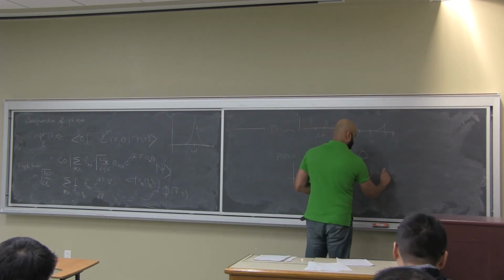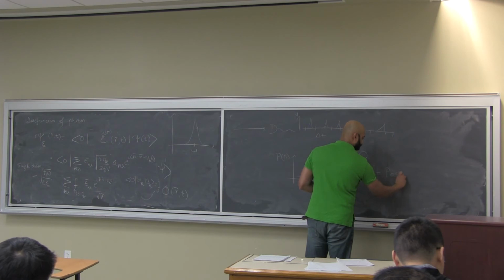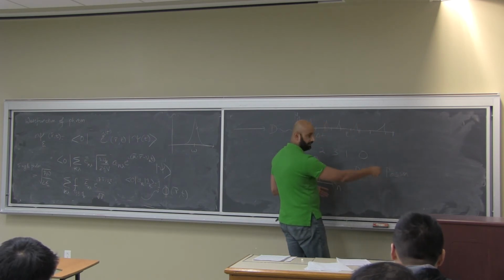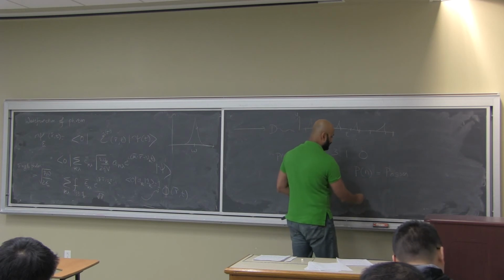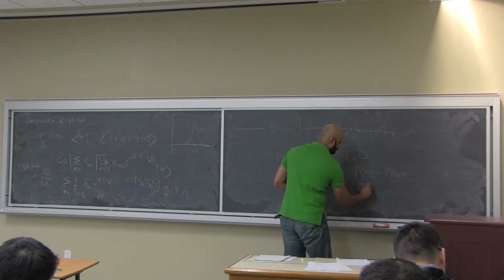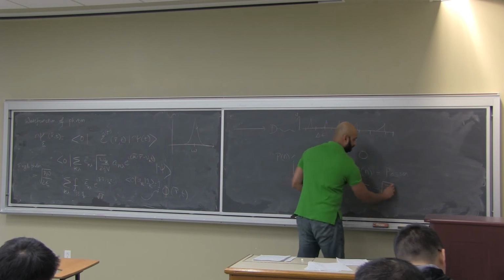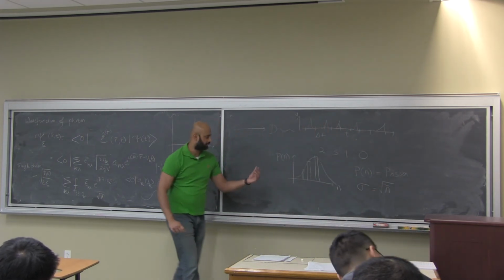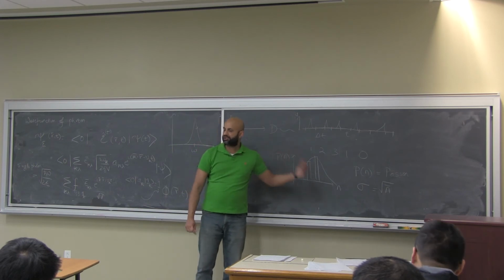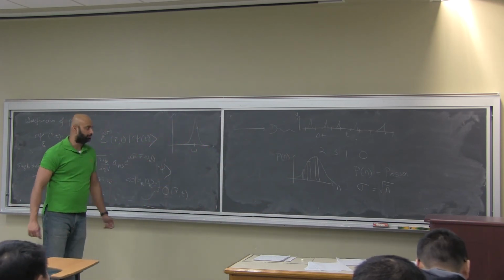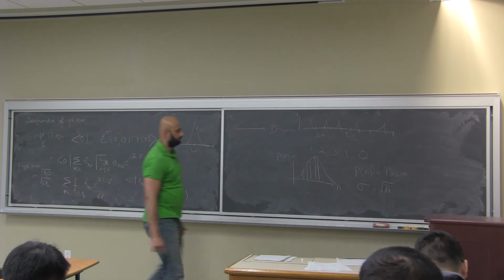P of n will be Poisson, and the main result from that, I want to write down the Poisson distribution. We'll come back to it in a minute, but the point is that the standard deviation of the Poisson distribution is equal to the square root of the mean number of photons, right? So if you calculate the mean of the photons and then you calculate the standard deviation, they are related by this square root behavior for a Poisson distribution.